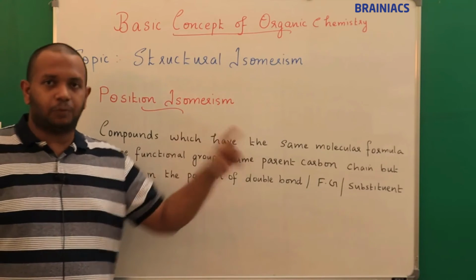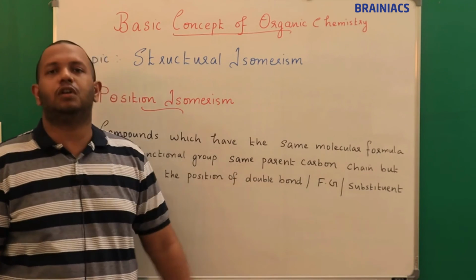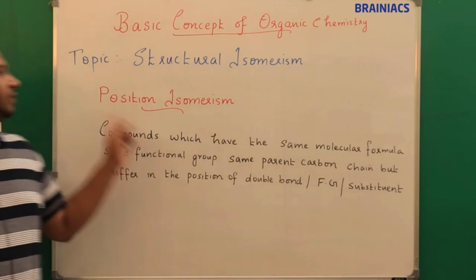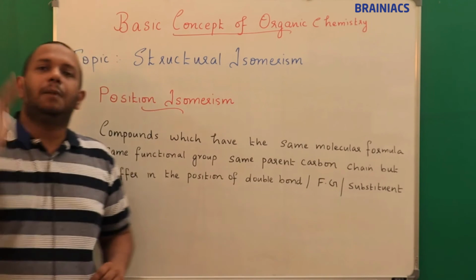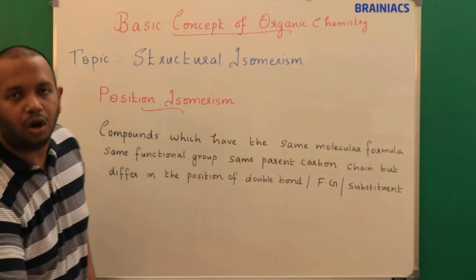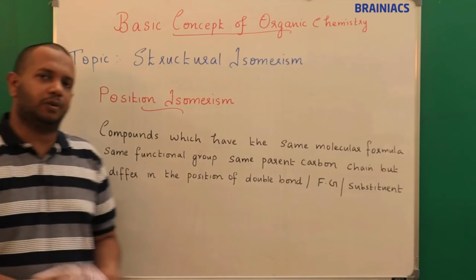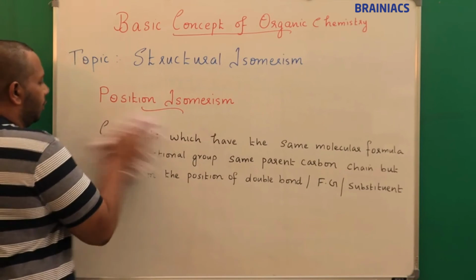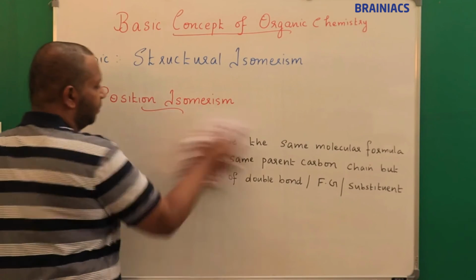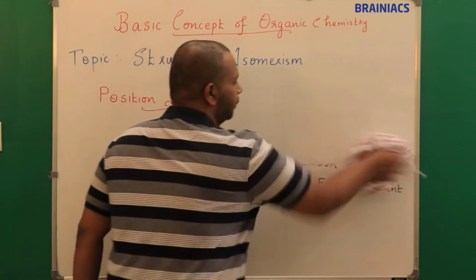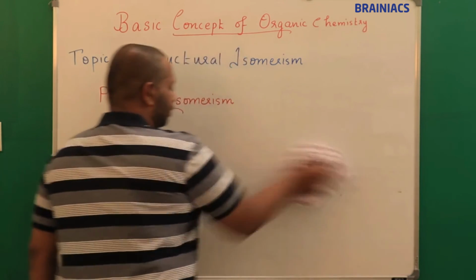If they are differing in the position of the double bond or functional group or substituent, then we say they come under the category position isomerism. Okay, so let's see examples so that it becomes more clear for you. Okay, so let me write the first example, and please note down the definition by pausing the screen, so you can note down the definition.